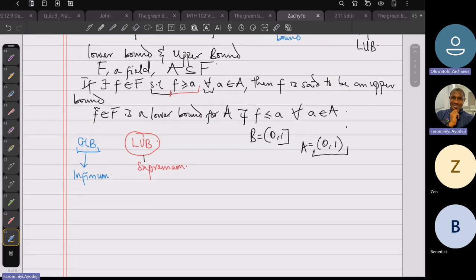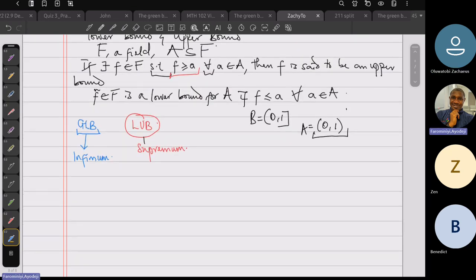So we are talking about an F, which is an ordered field, and A to be a non-empty subset of that ordered field. So it doesn't have to be a subfield, just a subset.